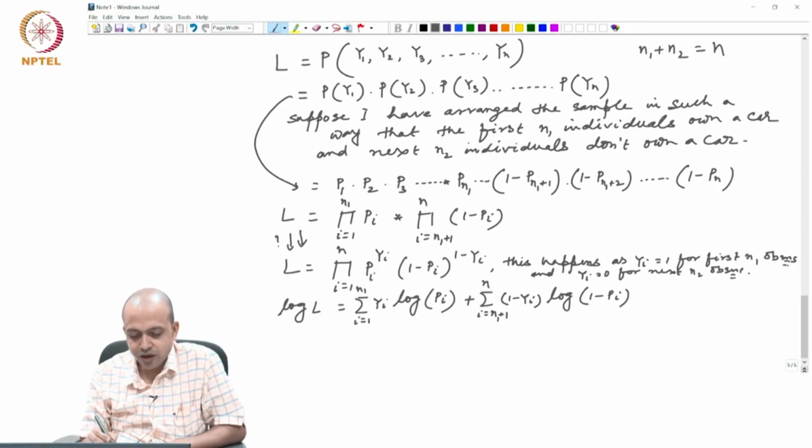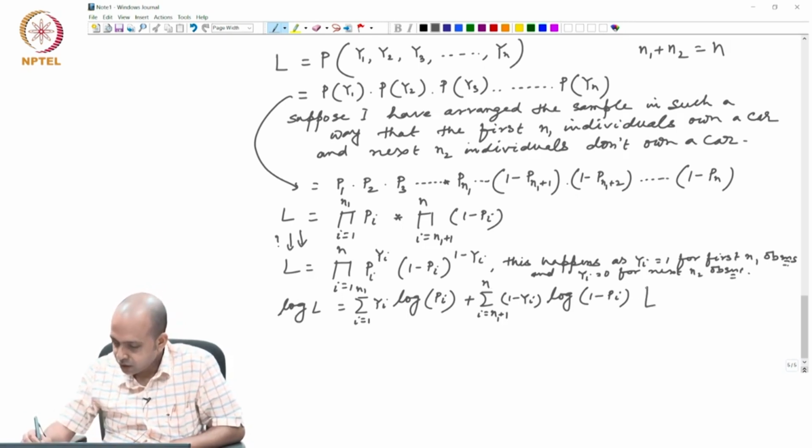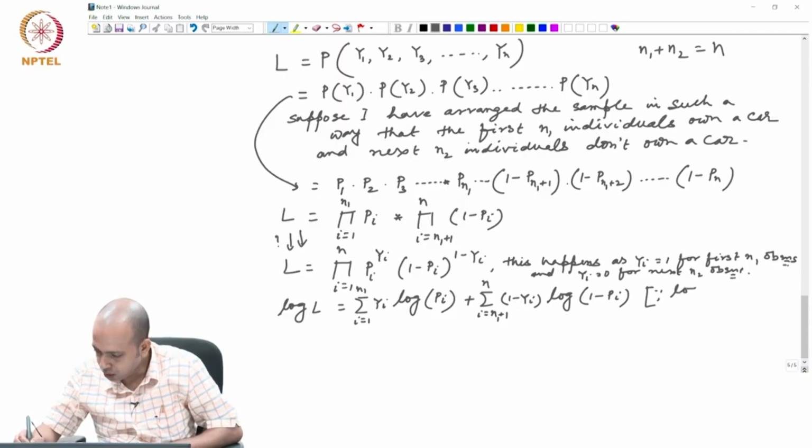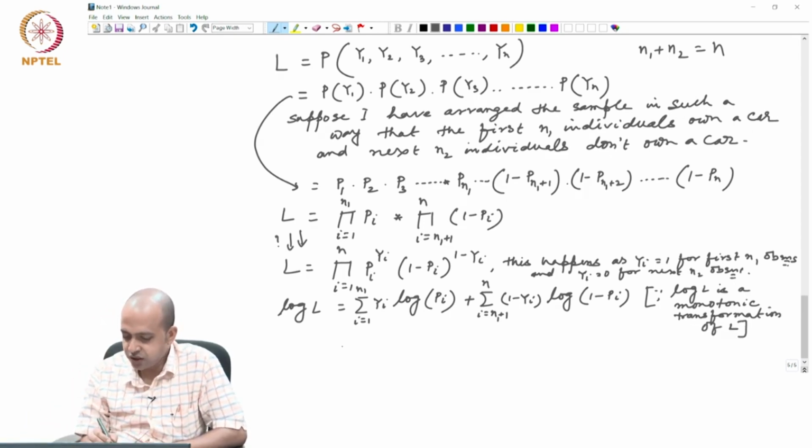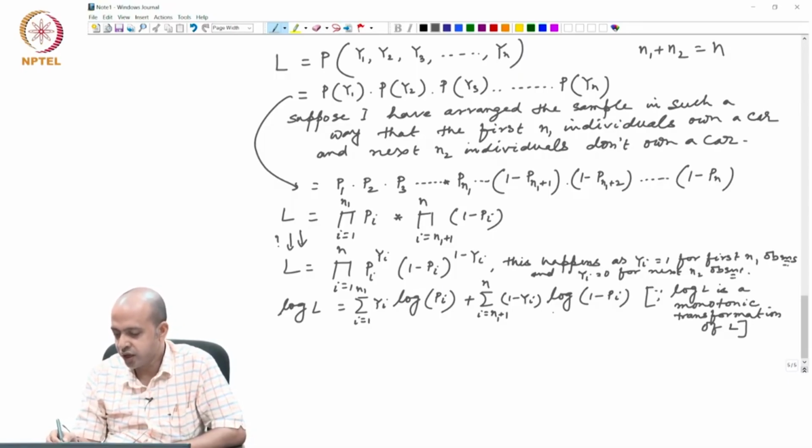Why have I done that? Because log L is a monotonic transformation of L. So, log L equals yi log pi plus 1 minus yi into log 1 minus pi. Now, you can substitute the value of pi.